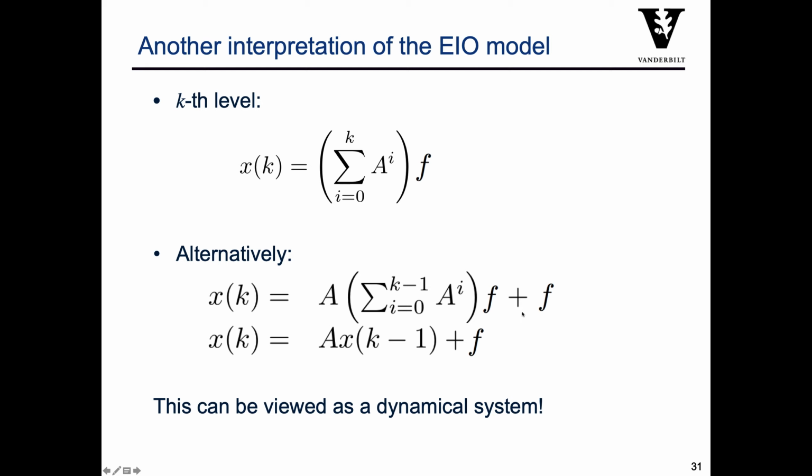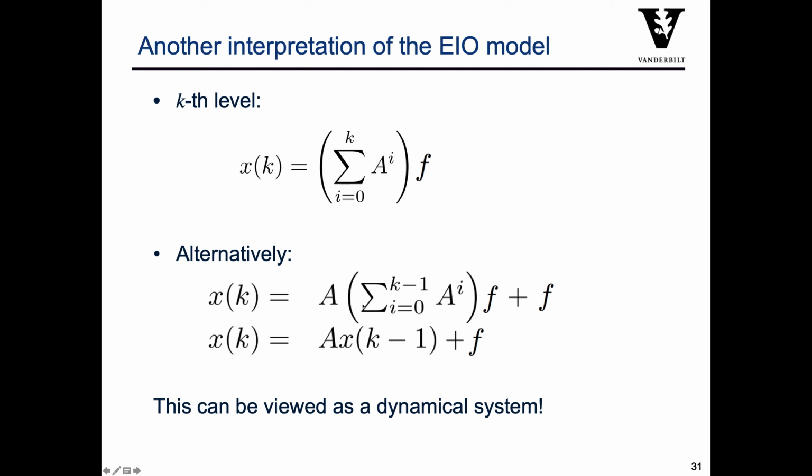So I pick up the F out here by itself, and then for all the terms originally in this expression, i equals 1 to k, I'm going to go from i equals 0 to k minus 1, and then multiply by A after the fact to get it mathematically equivalent. Why are you doing this?